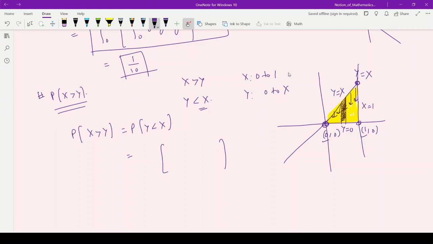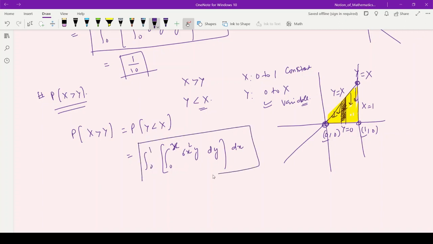So limit of x is constant, and limit of y is variable. So I will solve for limit of y first. So it is 0 to x of f(x,y) dy, and then limit of x from 0 to 1. So now students, this value also you can find out, and that value will be equal to 3 by 5.